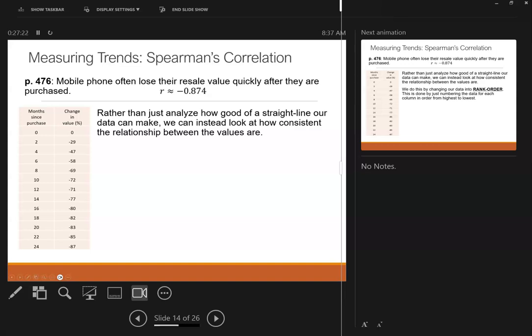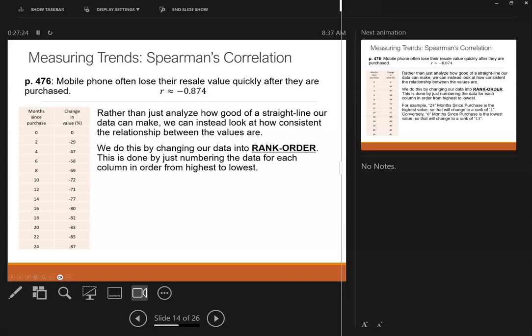If I want to do the Spearman, what I need to do is first change our data into rank order data. So what we do is we number the data for each column in order from highest to lowest. So this would be 1, 2, 3, 4, 5, 6, 7, and so on.